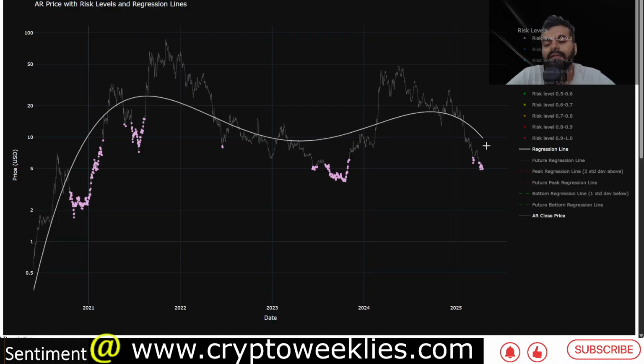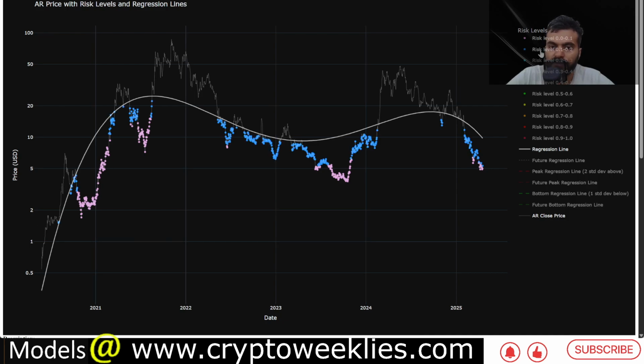But as the risk levels are decremented from, let's say, 20% to 10%, there are no guarantees that all the bottoms will be captured. So the December 2022 bottom was not captured by this model because we went slightly more conservative. Again, if the cutoff is at 20% risk, that would have identified the December 2022 bottom.